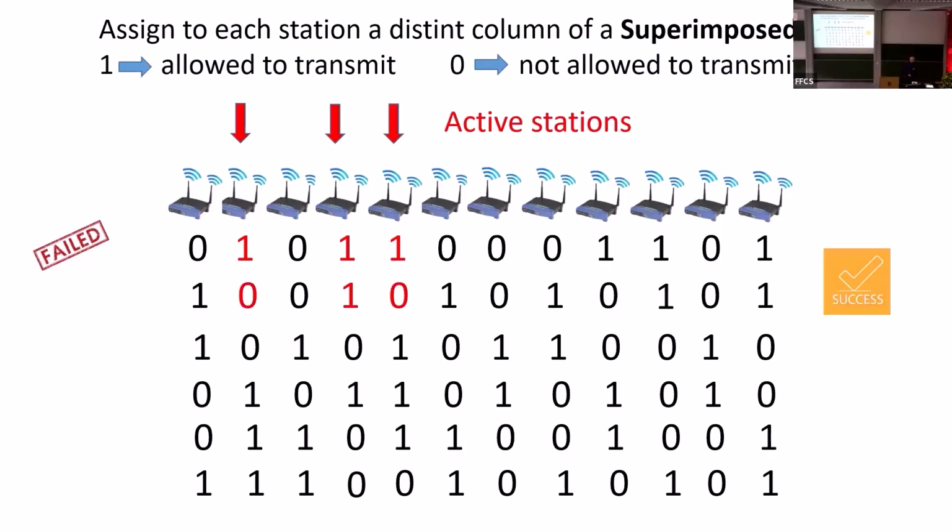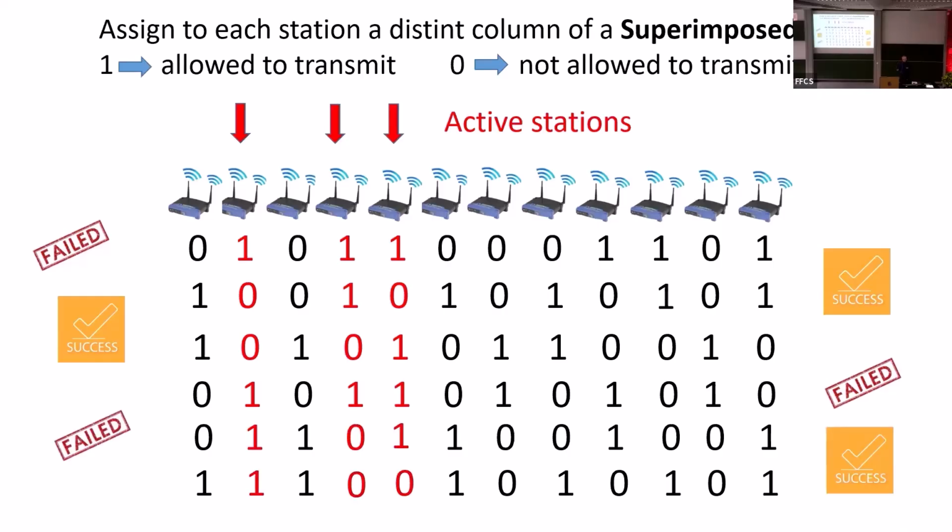In the second unit of time, you will see that only the second active station is allowed to transmit, so there is a success. There is a success also in the third unit of time, because only the third station is allowed to transmit. There is a failure, because all three stations try to transmit. There is another failure. And finally, the first station finds a particular instant in which it transmits alone. And so there is success.